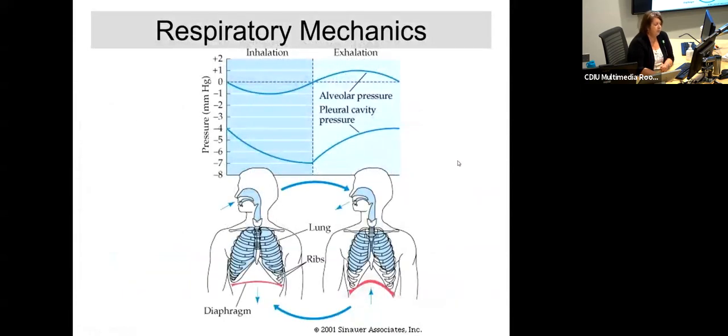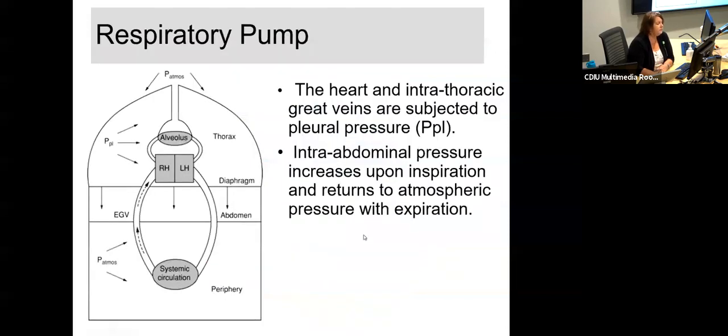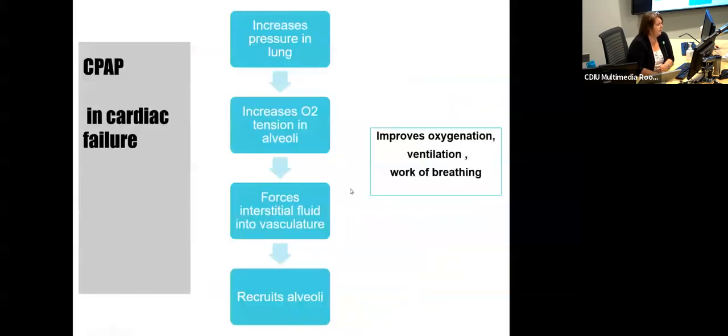We've talked about some of the respiratory mechanics, so I'm not going to get into that, and the respiratory pump. But CPAP in cardiac failure, in its very, very simplest form, increases pressure in the lung, which then increases O2 tension in the alveoli.